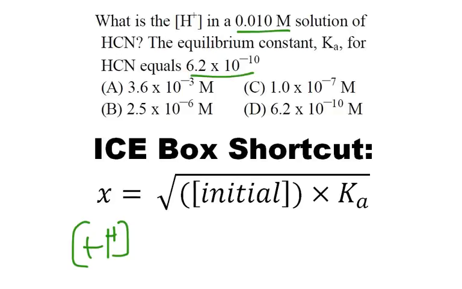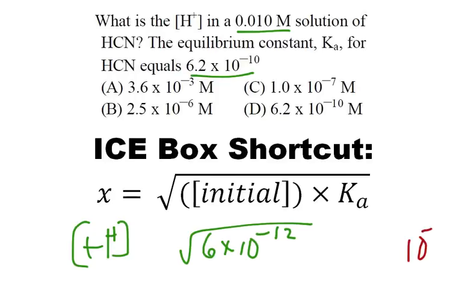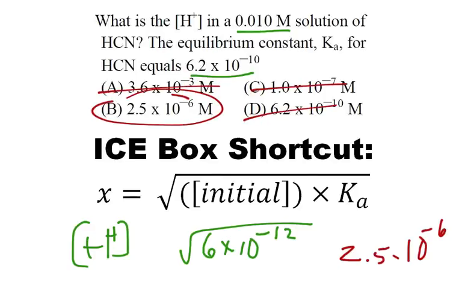Now at this point we can actually do this in our head. 0.01 times 6.2 times 10 to the negative 10 would be 6.2 times 10 to the negative 12. Square root of 10 to the negative 12 is going to be 10 to the negative 6. Square root of 6, well, we know the square root of 4 is 2, so it's going to be 2 point something. And we can see that the only answer that looks good is answer B, 2.5 times 10 to the minus 6. So again, we can solve this calculation without a calculator.